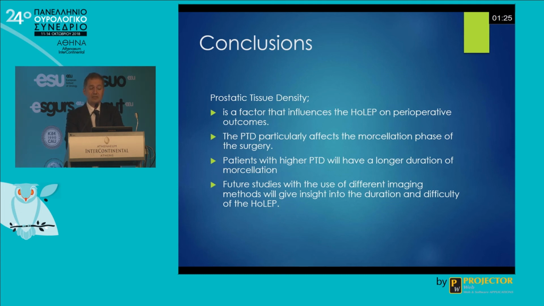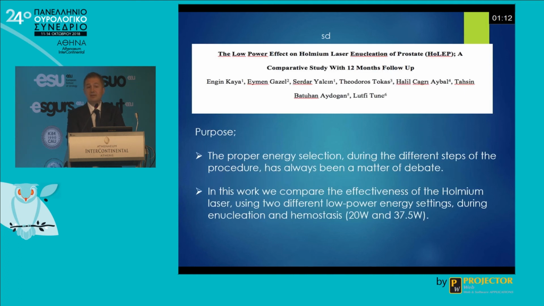Patients with higher prostatic tissue density will have a longer duration of morcellation, and future studies, with the use of different imaging methods, will give insight into the duration and difficulty of the HOLEP.